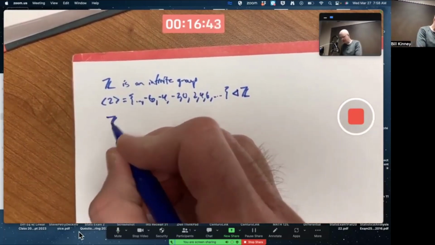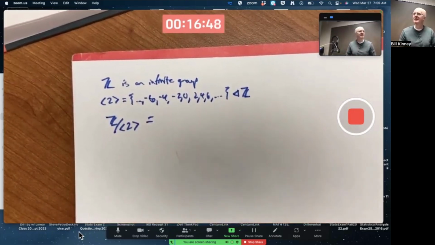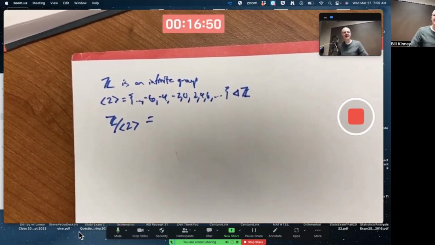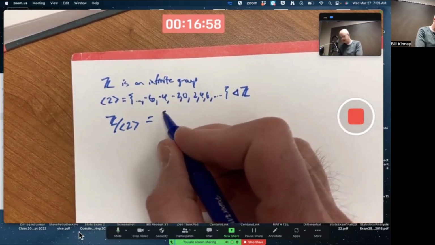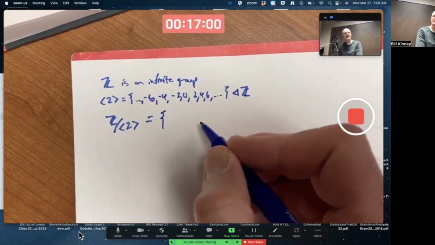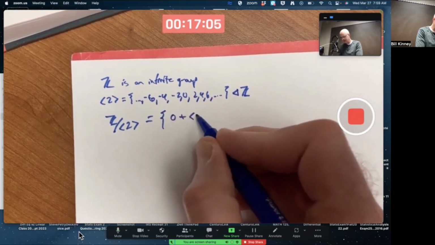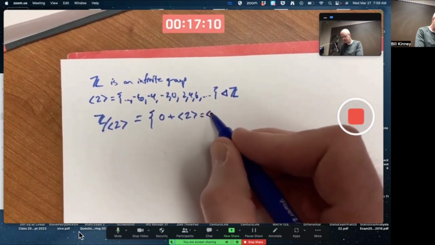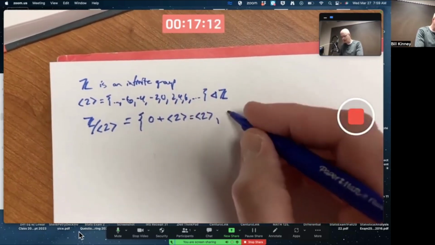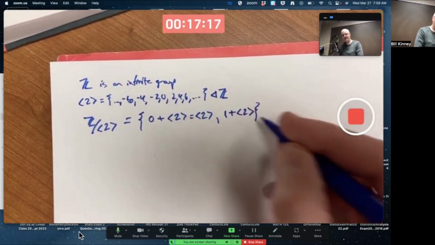But the factor group, this is worth writing down, has finitely many elements. The factor group consists of all left cosets, and there's really only 2 of them: 0 plus the subgroup, which is the same as the subgroup itself, and 1 plus the subgroup. That's a 2-element group.